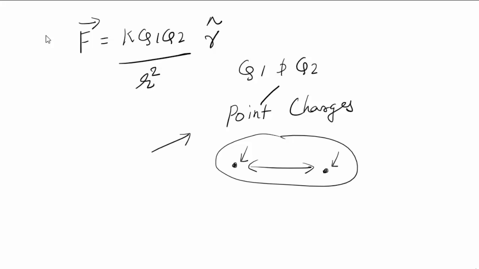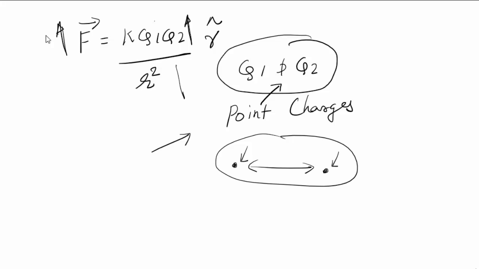The application of Coulomb's law is to point charges. If the charge is high, then the force will be high, and if the distance is higher, the force will be lower. These are some of the things you can deduce from Coulomb's law.